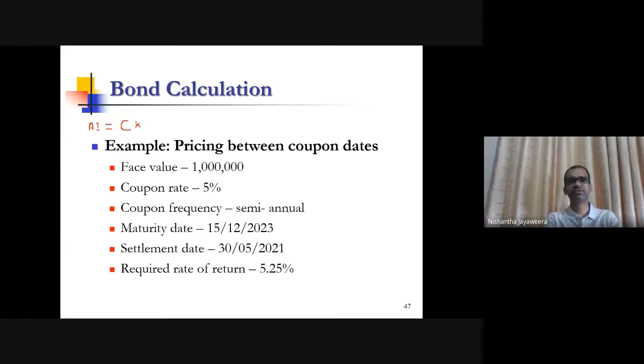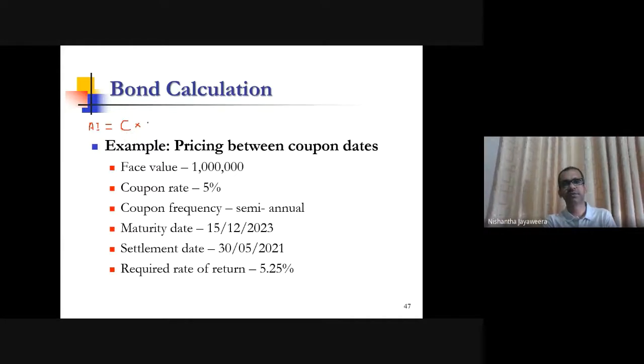Then what do we do? Multiply this by, what do we do then? This is the coupon.